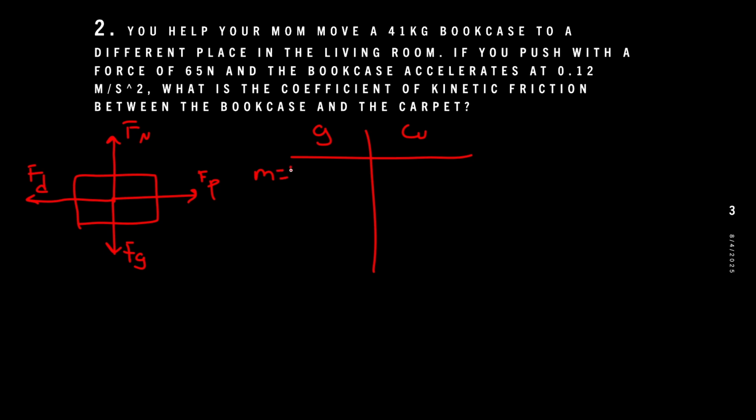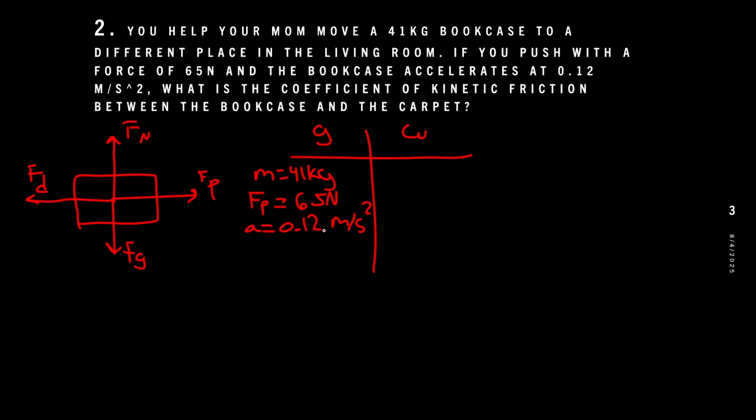So we could say m equals 41 kg. And the push force is 65 newtons. And then the acceleration is 0.12 meters per second squared. So a equals 0.12 meters per second squared.